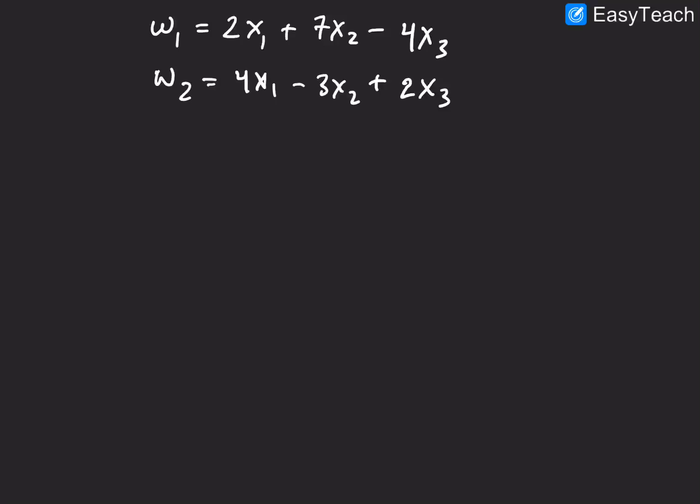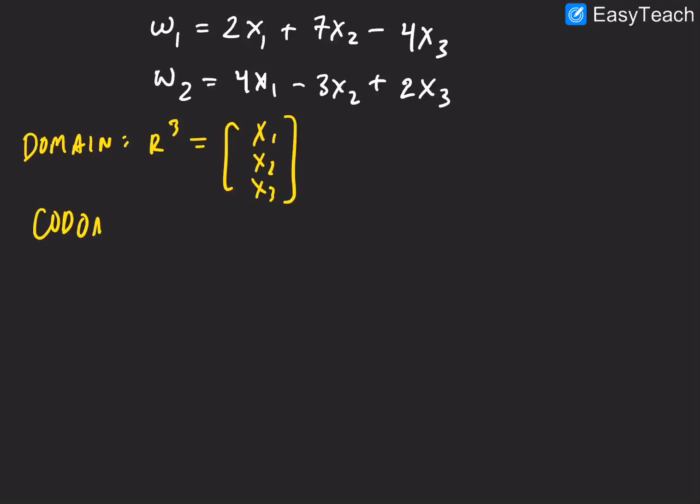Okay, so the domain will be R3, which is going to equal x1, x2, x3, and the codomain will be R2, which is the w1 and the w2.